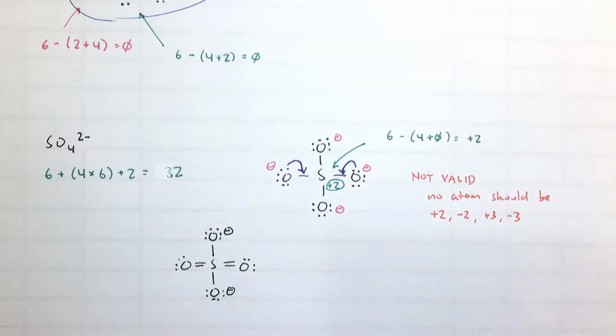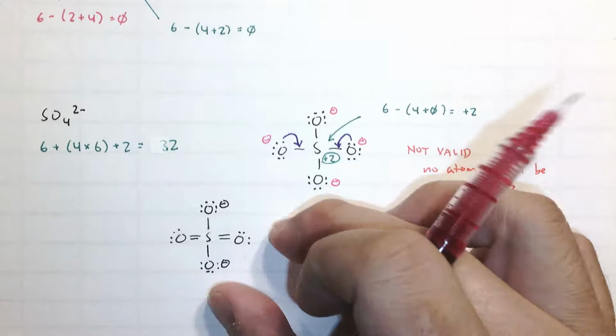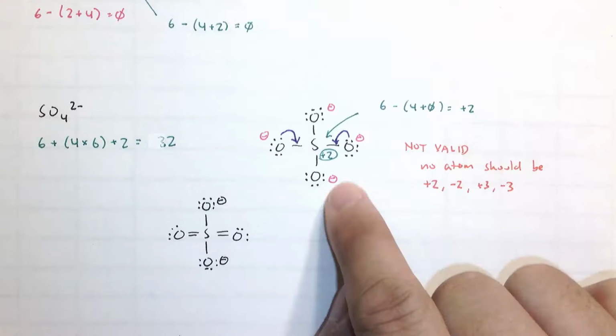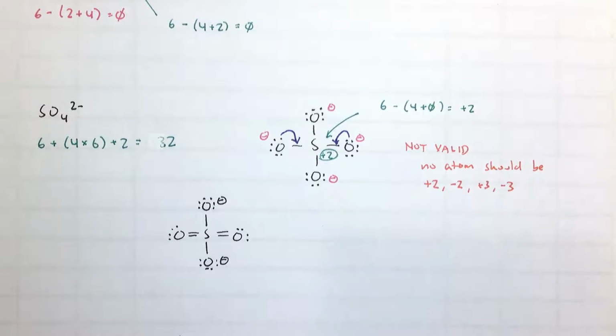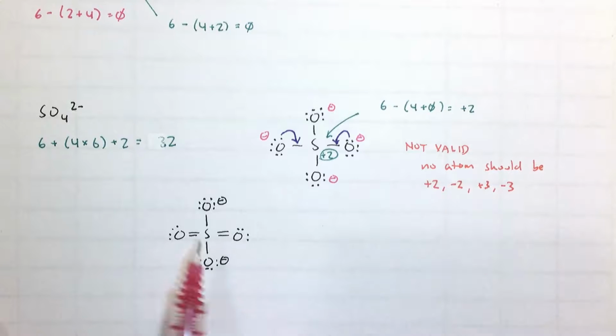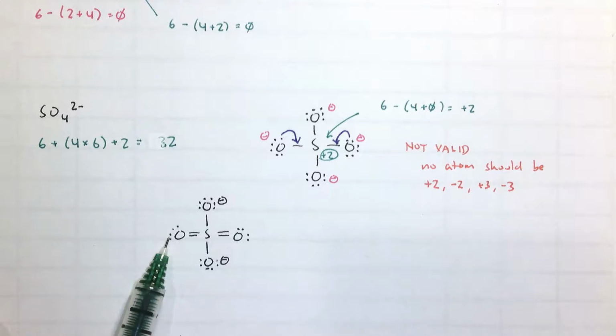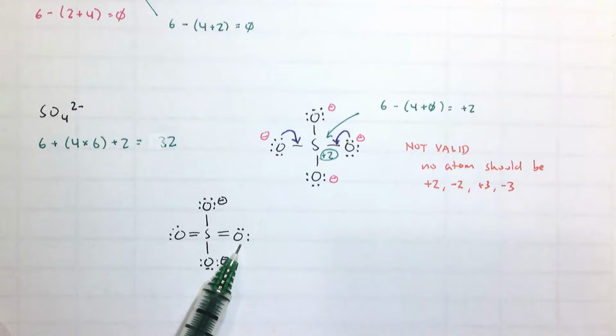Okay. If this is true, this is the preferred Lewis structure, preferred over this one. But what do I have to verify? I have to verify that there are 32 electrons. 2, 4, 6, 8 on the left, another 8 on the right, so that's 16.